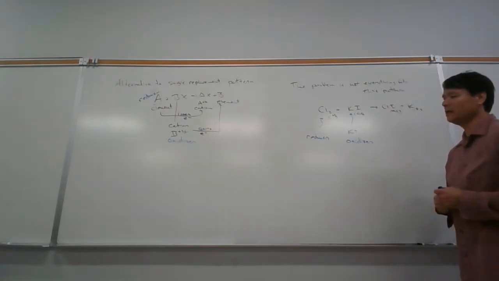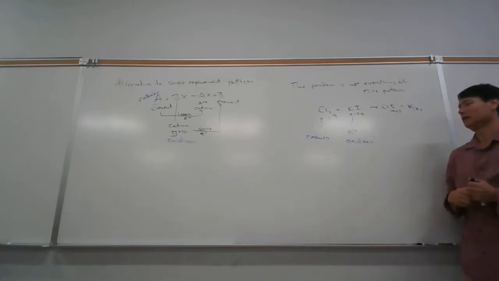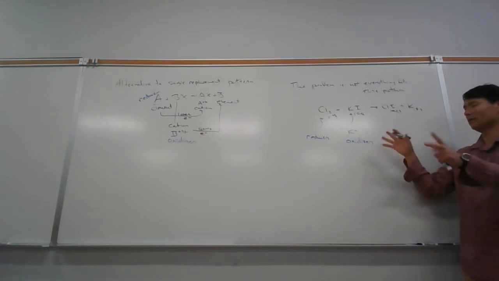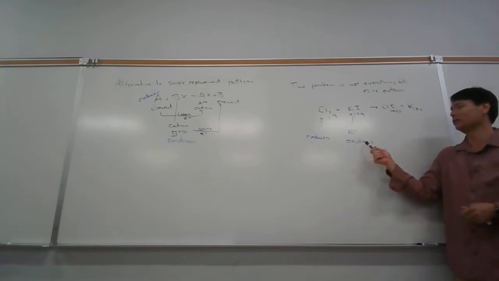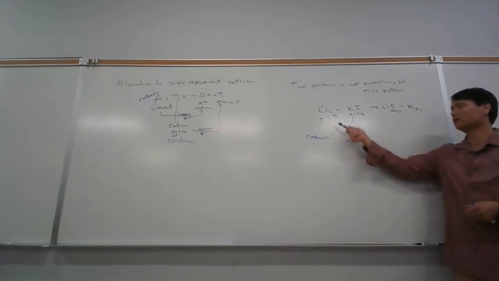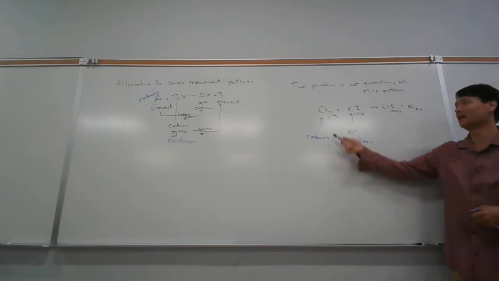Let's say you're a movie director and you have some actors, and you totally botch the assignment of the actors. So you say, okay, potassium ions, you'll be the oxidizer. And then chlorine, you're going to be the reducer. But the problem there is that chlorine's not a reducer.